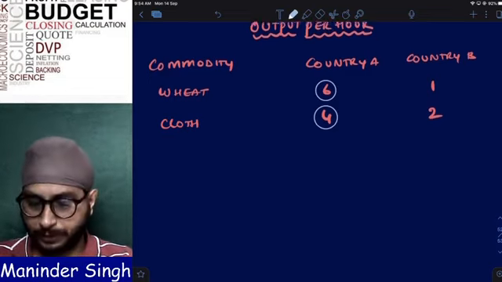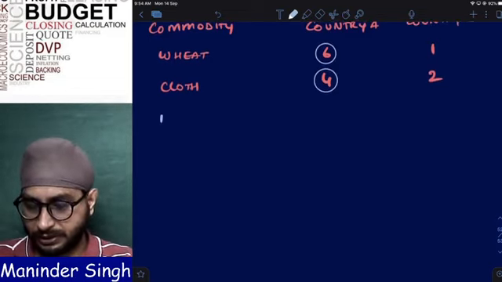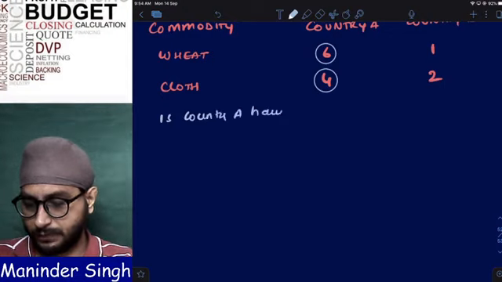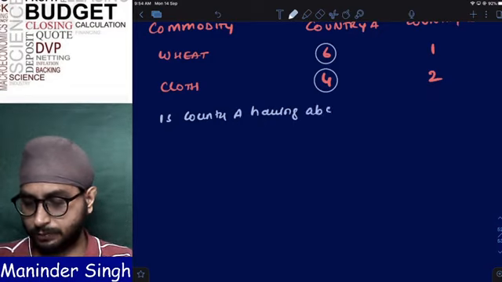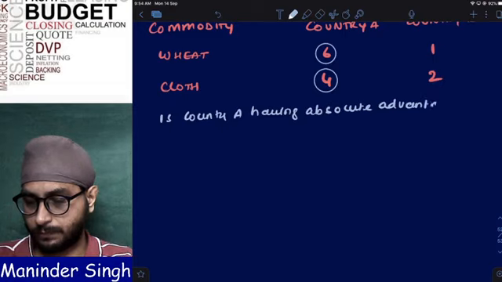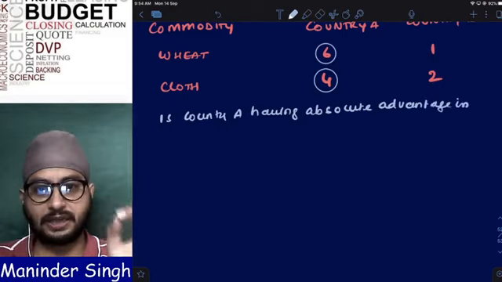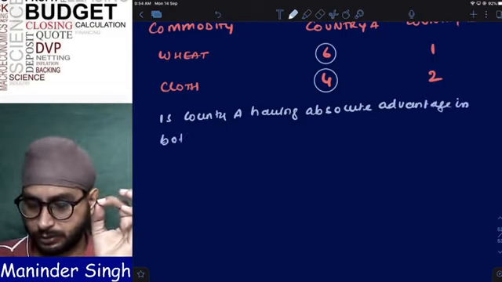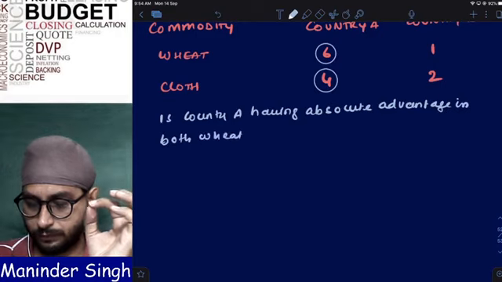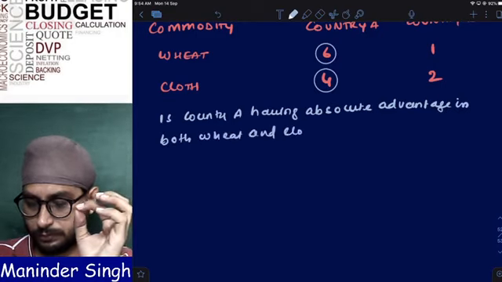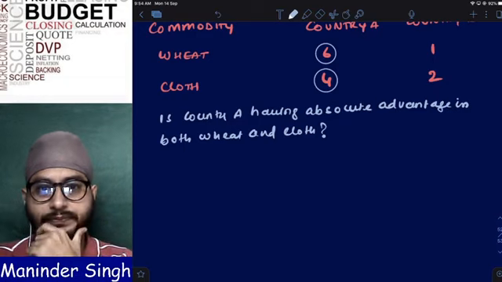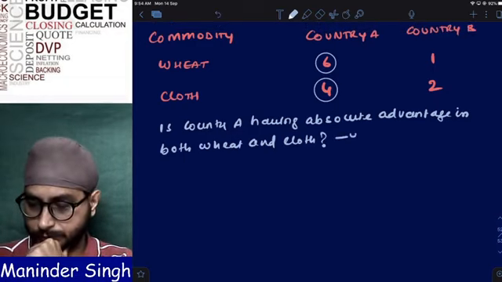So in simple words, is country A having complete, or you can say absolute, advantage in both wheat and cloth? Yes or no? Yes.